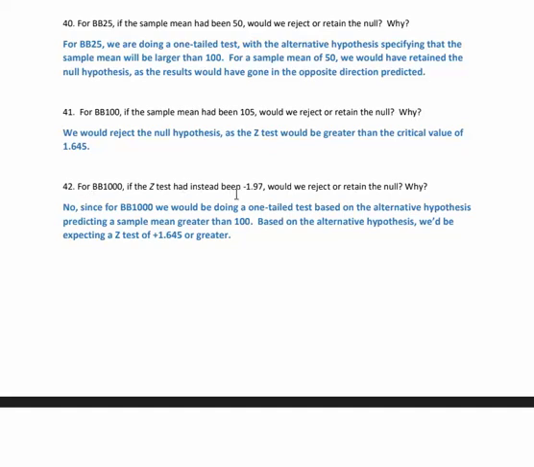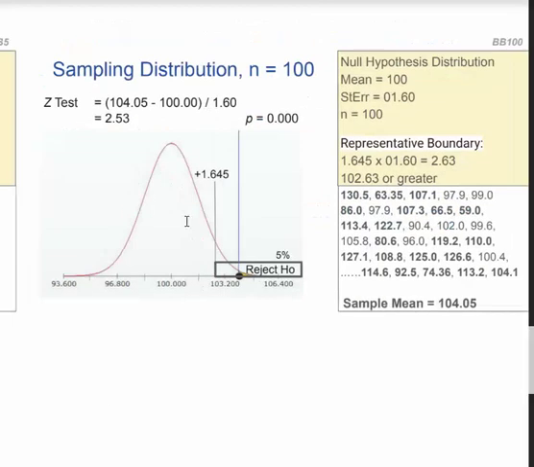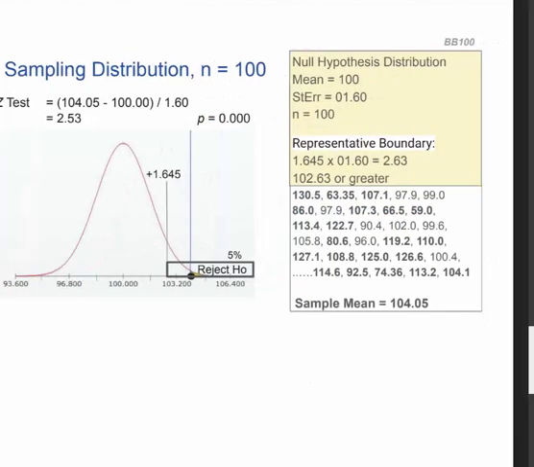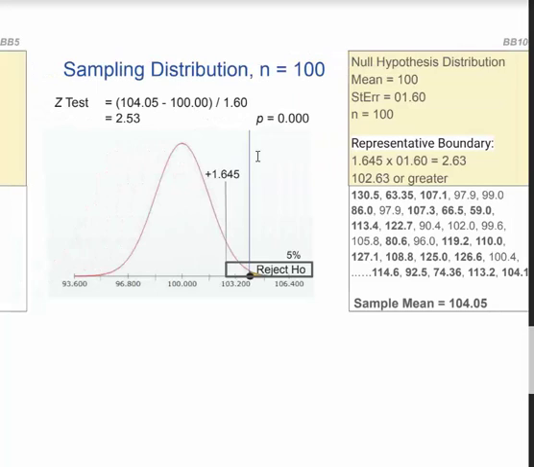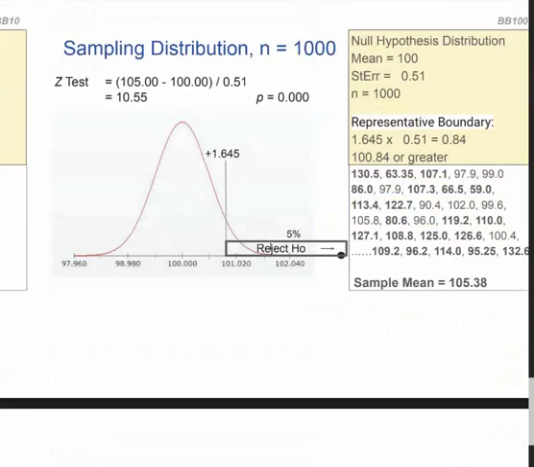Yeah. 42, for BB1000, if the z-test had instead been a negative 1.97, would we reject the null or retain it, and why? Well, remember for this BB series, it's all a single or a one-tailed test, all saying that the sample mean should be greater than what the null hypothesis specifies the population mean being.